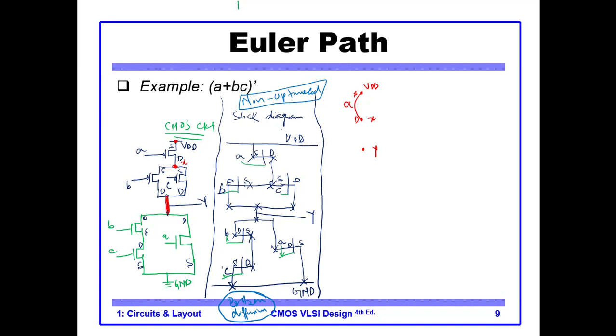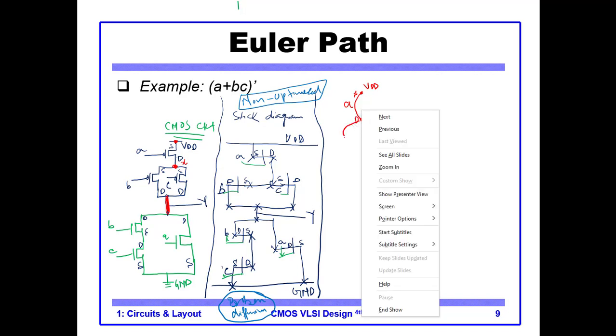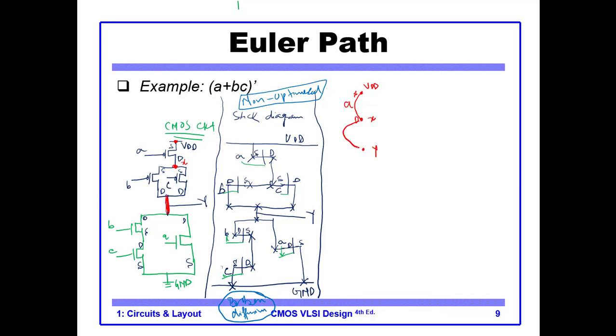Between point X and point Y, there are two transistors. One is our B, and the other is our transistor C. So this is our PMOS, or let me say this is our pull up network, and we can do the same for the pull down network.